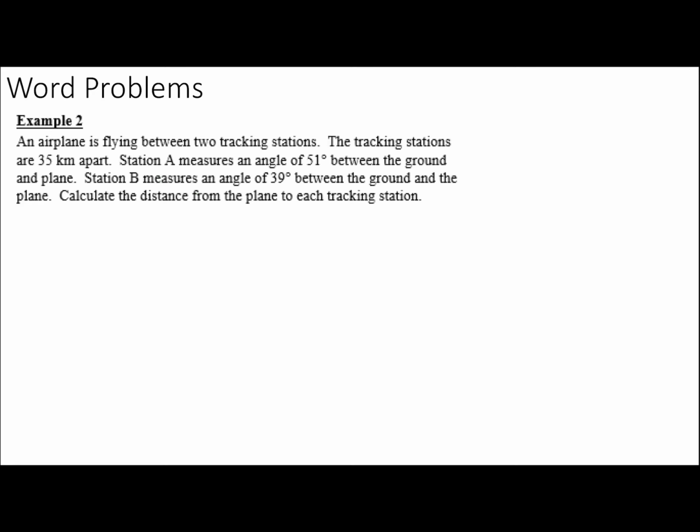Now let's use this to find out our word problems. We have an airplane. It's flying between two tracking stations. So an airplane's in the sky. Let's see if I can draw an airplane. Whoops. Whatever, it's fine. The tracking stations are 35 kilometers apart.